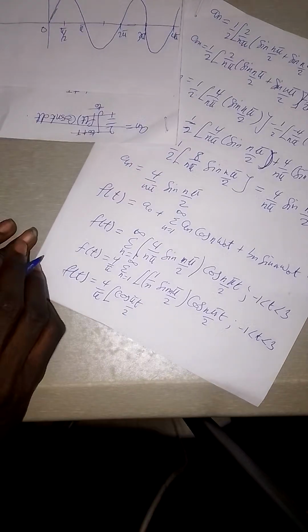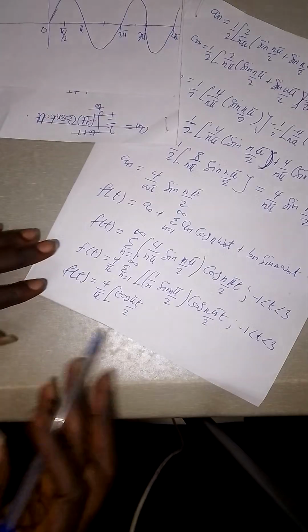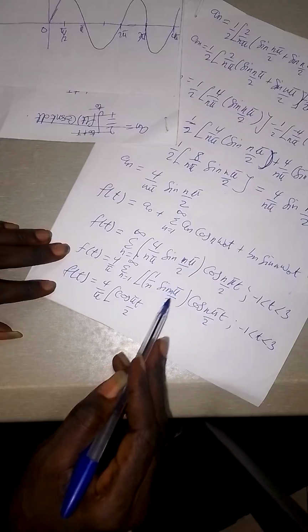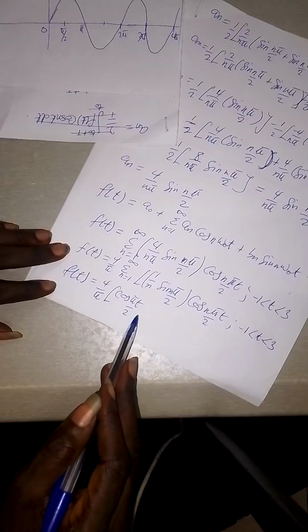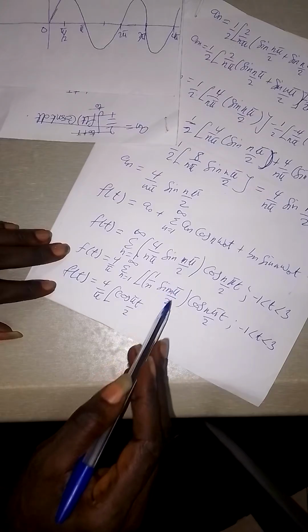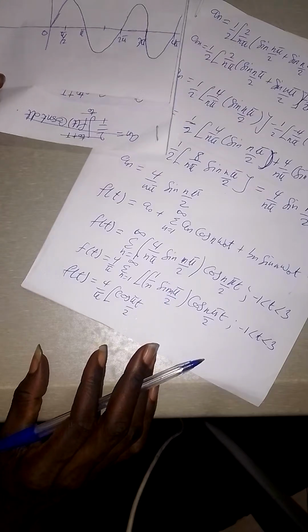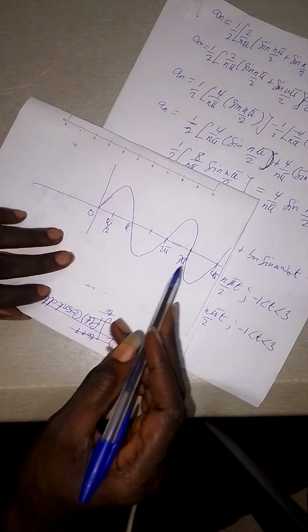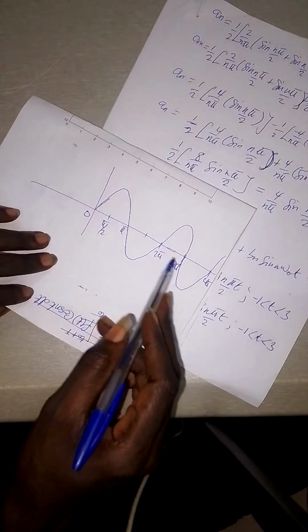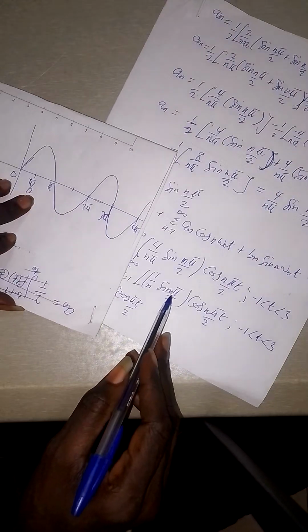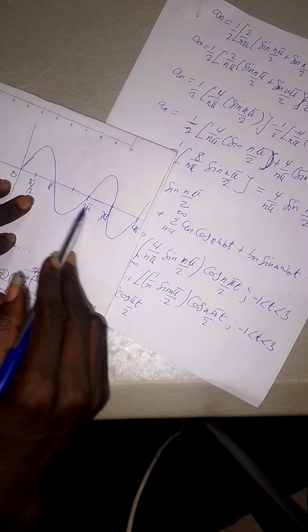Now let me put in 2. If I put in 2, I'm going to get sine 2 pi on 2. So what is sine 2 pi?